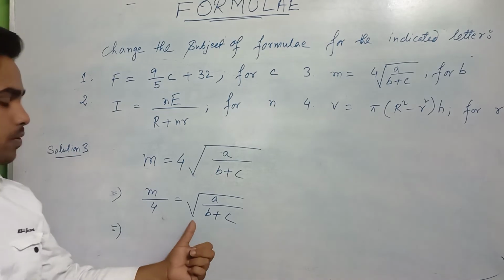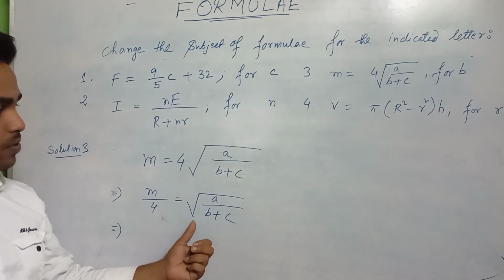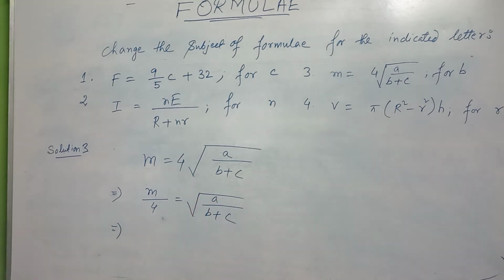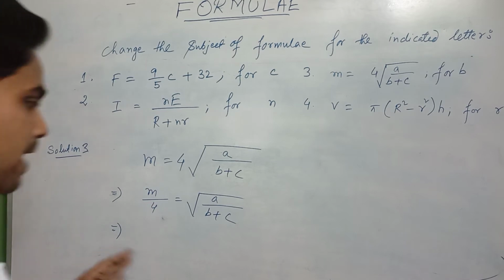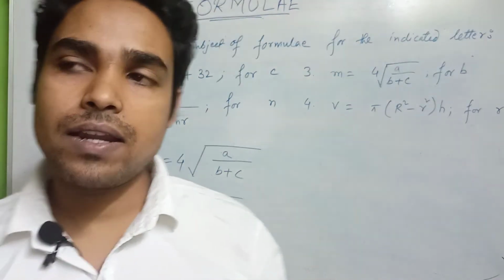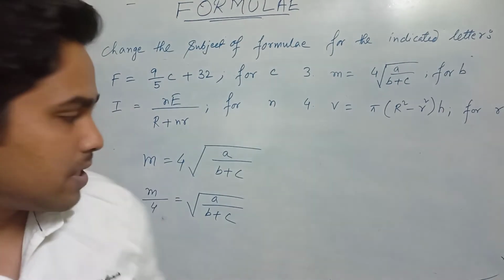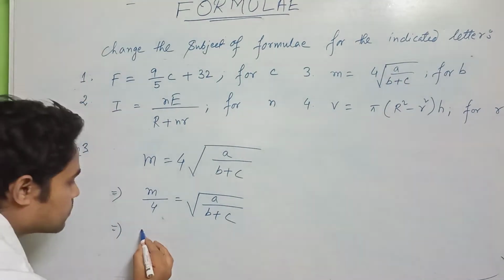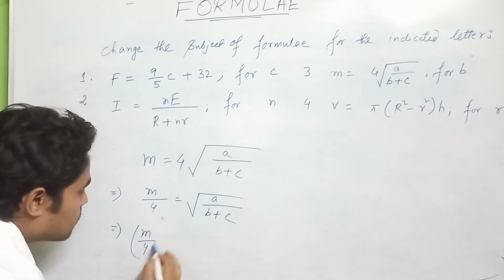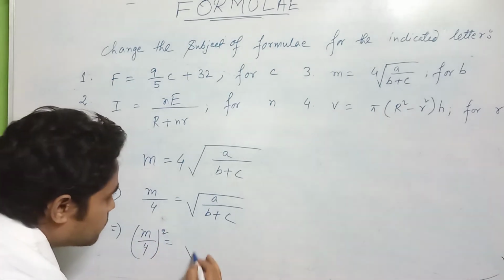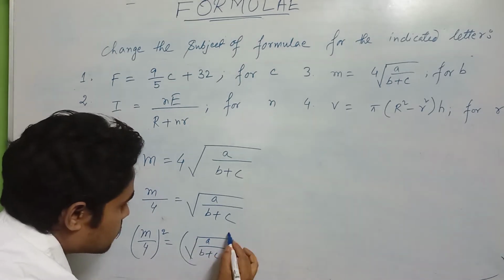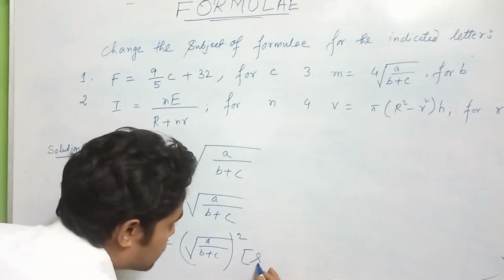Now we need to remove this root over sign, isn't it? So how? If you square any root, then the square root will be removed, isn't it? So we will do what? We will square both sides.